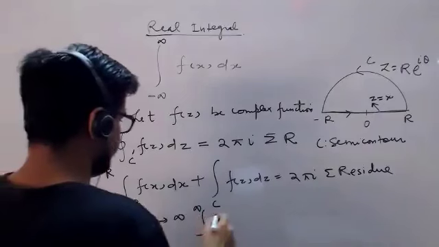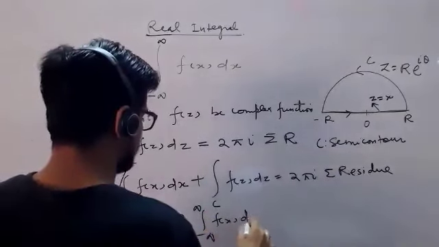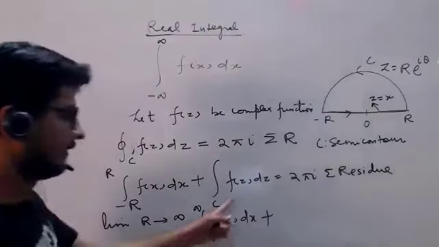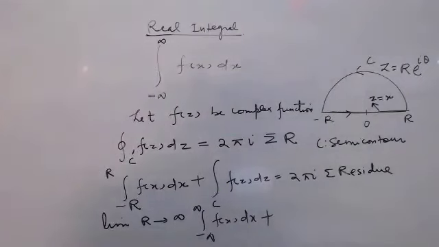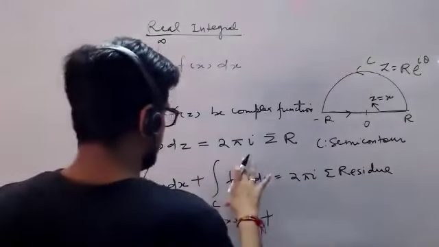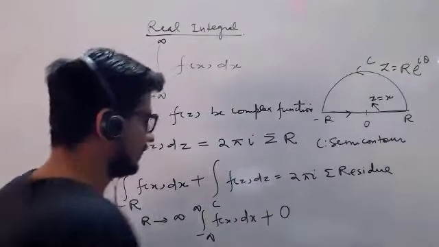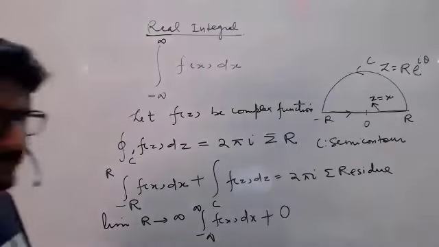So this will become the integral of f(x) dx plus, when you put z equal to R e to the power i theta and put the limit R tending towards infinity, this term will become 0. That is known as Jordan's lemma.